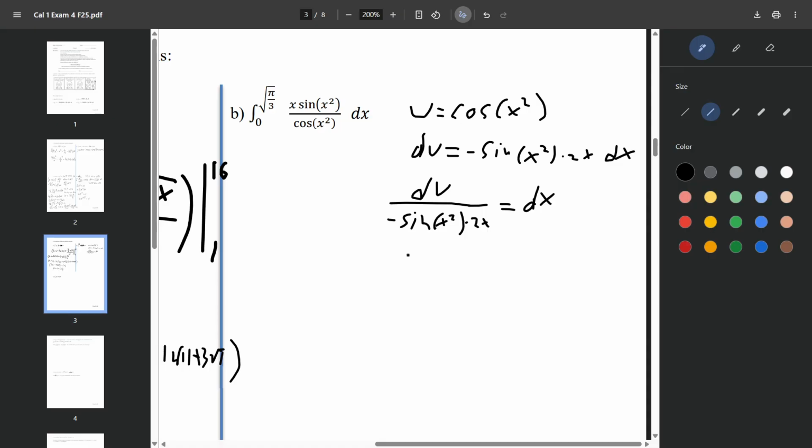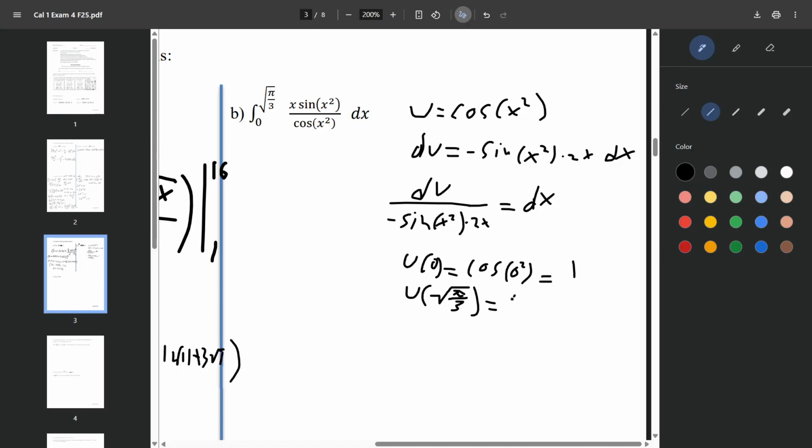So u of 0 and u of root pi over 3. So this is cosine of 0 squared, which will be 1.